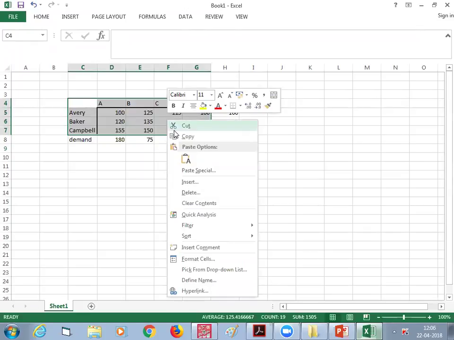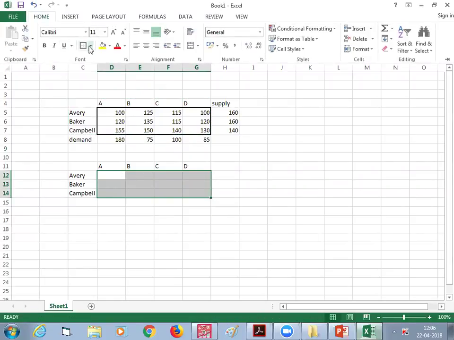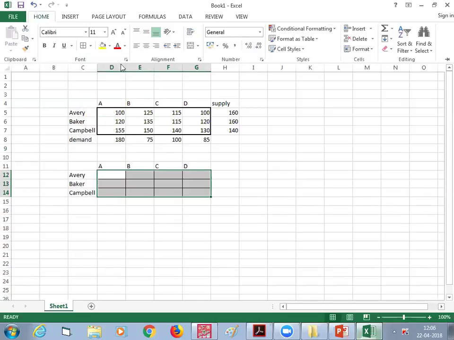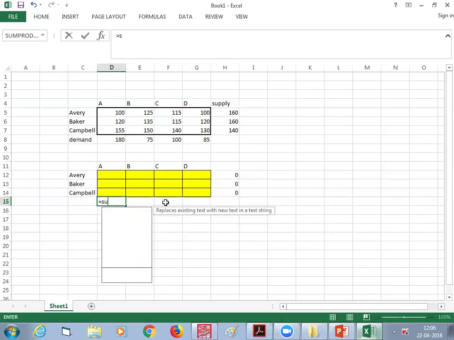To solve this, I'm going to make a copy of this over here and eliminate all these numbers. These now become the variables: how many hours to bill for each. The total hours that each of the consultants works is the row sum here, and the total hours given to each client is the column sum.